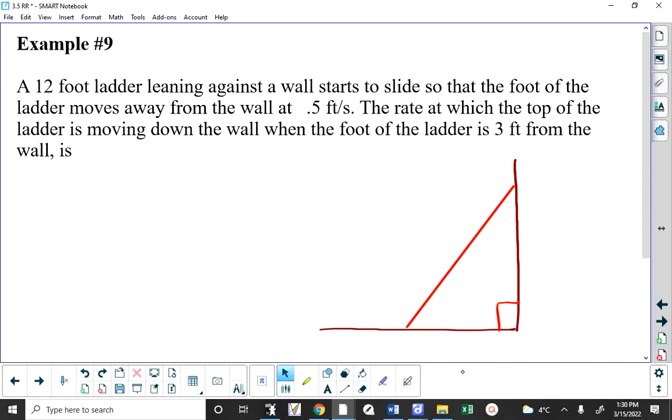I don't know why I'm missing something here. Is this 1.5 feet per second in your handout? What is it, Farhan? 11.5. Holy smokes, somebody's going on a wild ride.